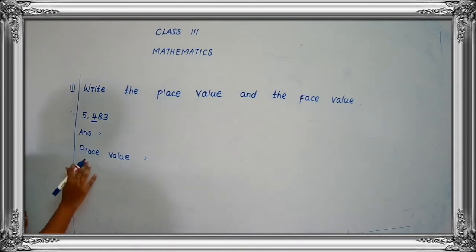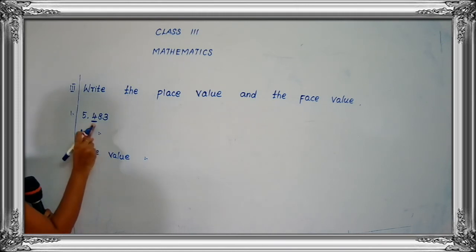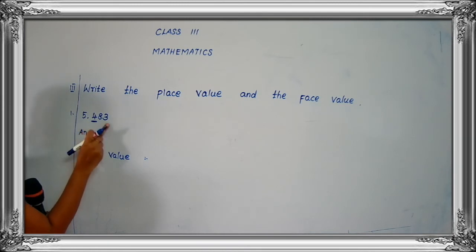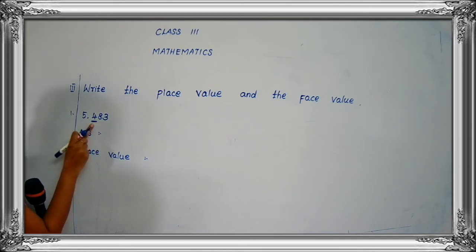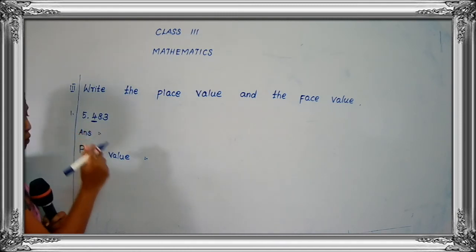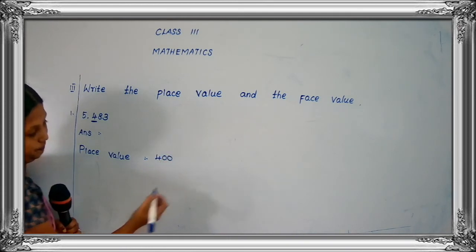Okay. The first one is place value. Okay, 4 is in which place? Ones, tens and hundreds. Hundreds. Okay, now how many hundreds is here? 400. So we have to write 400.